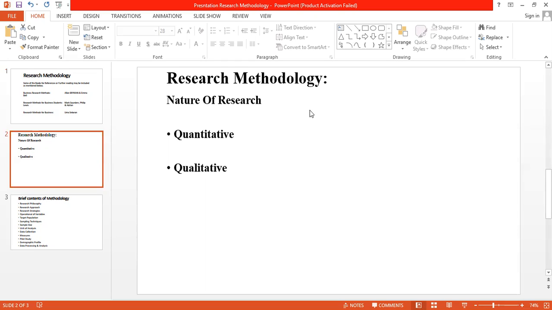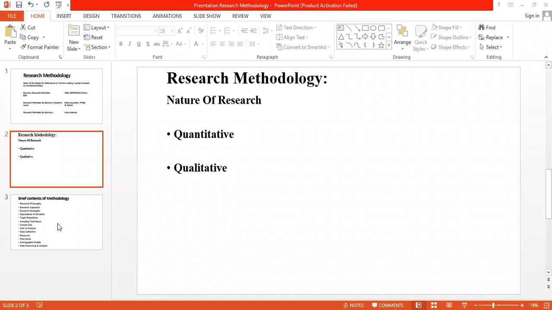This is very important when you are conducting survey-based research for your thesis or term paper. Is your research qualitative or quantitative, and what makes it qualitative or quantitative? You should be very clear about your study, whether you are going to conduct quantitative analysis or qualitative analysis.